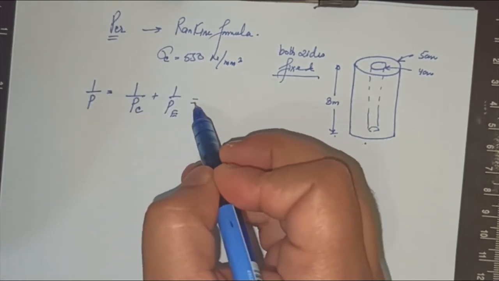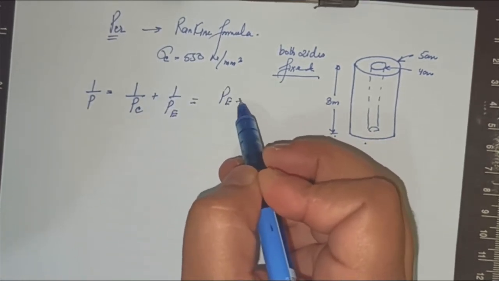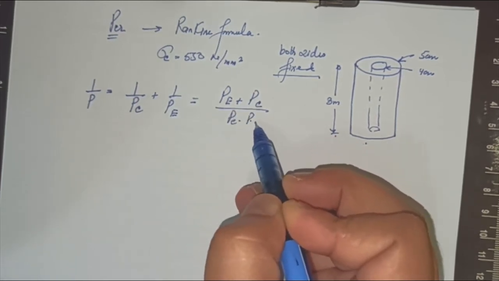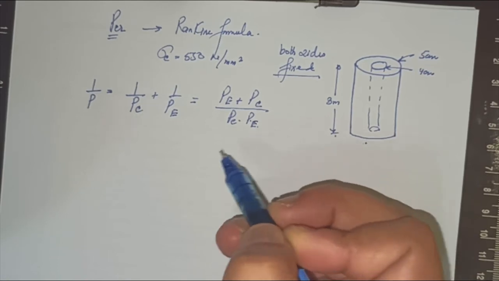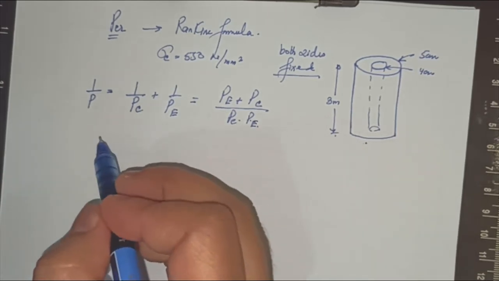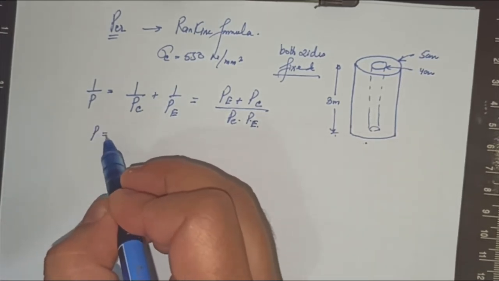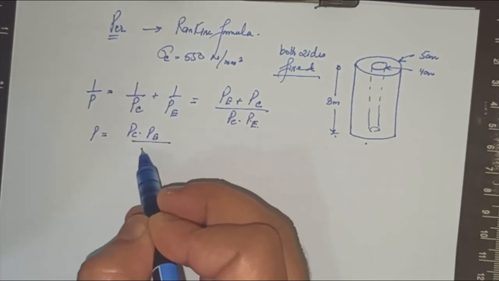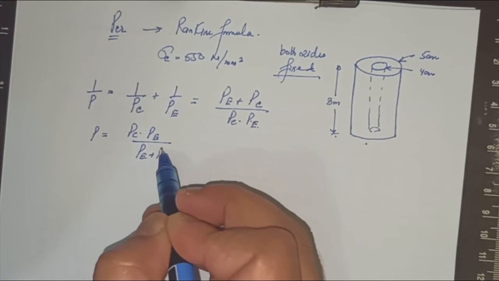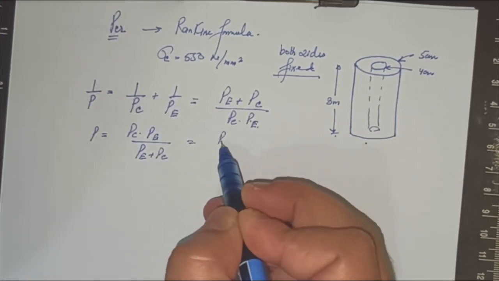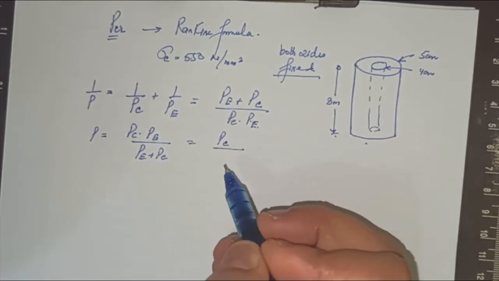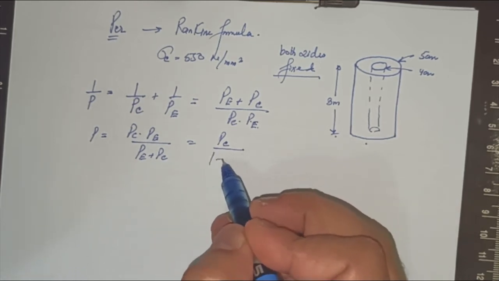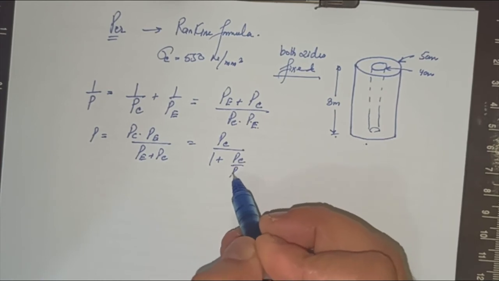Now this can be rearranged as (Pe plus Pc) by Pc Pe. Now we can take the reciprocal of both sides, so P becomes equal to Pc times Pe divided by (Pe plus Pc). This can be further written by dividing the numerator and denominator by Pe, so P equals Pc upon 1 plus Pc by Pe.